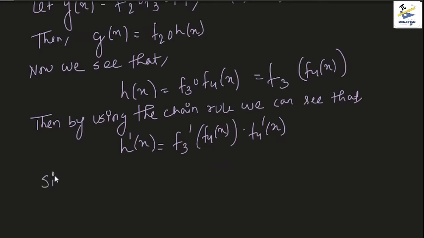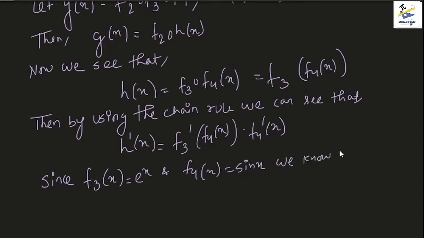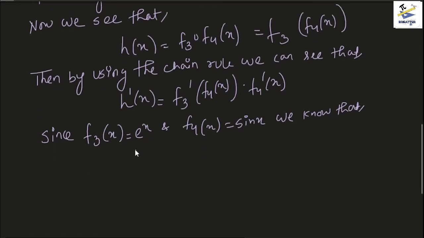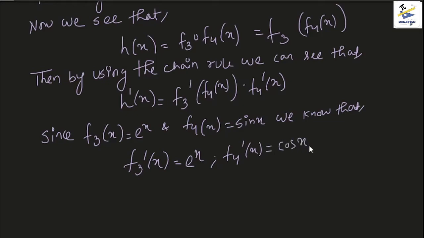So since f3 of x is e to the power x and f4 of x is sin x, we know that f3 prime x would be equal to e to the power x itself, and f4 prime x would be equal to cosine of x, right?